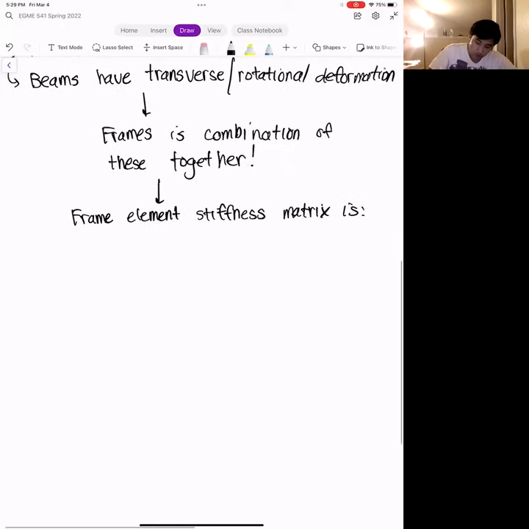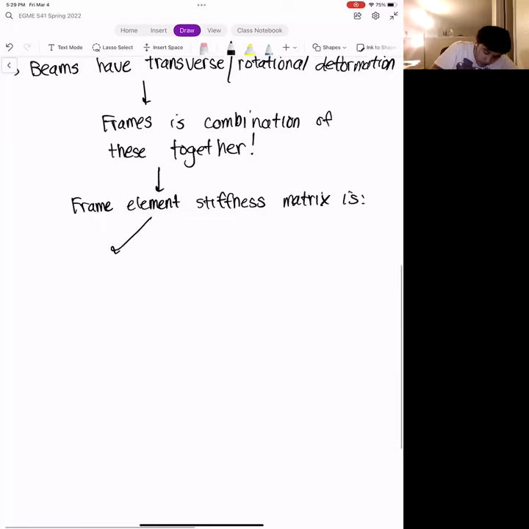Okay. And so on the one hand, we have the truss element stiffness, okay, in the stationary coordinates.